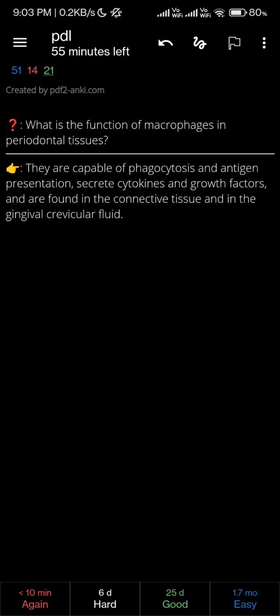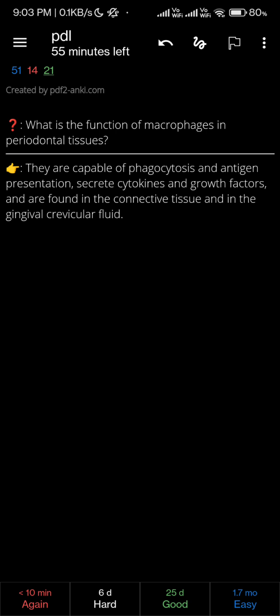So what is the function of macrophages in the periodontium? They are capable of phagocytosis and antigen presentation. They also secrete cytokines and growth factors.